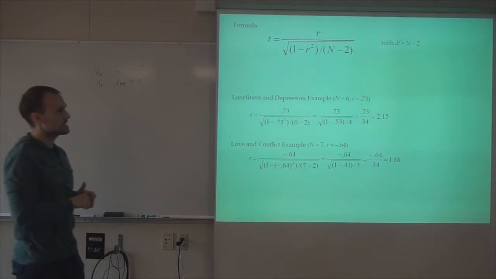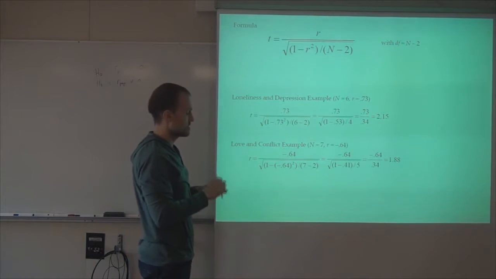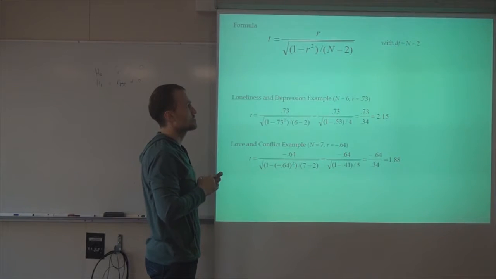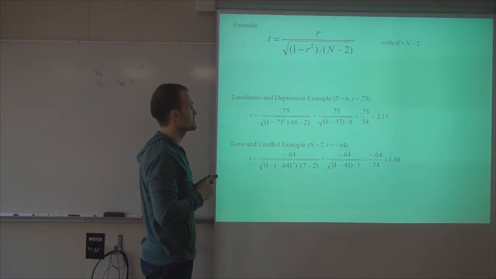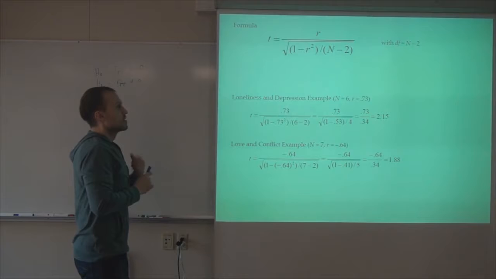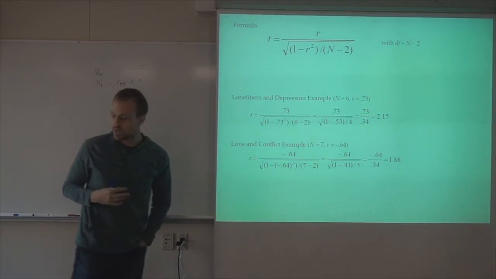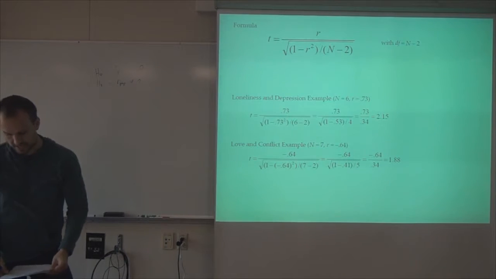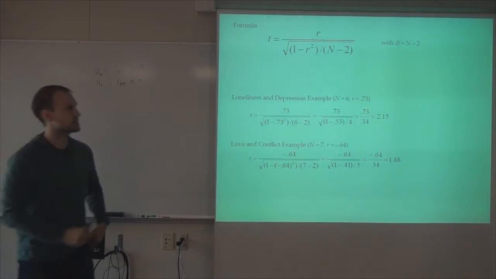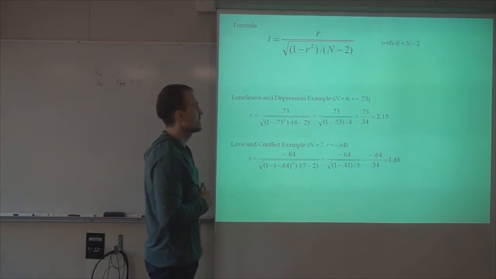I'm going to look at my t-test and decide whether or not to reject the null hypothesis, whether the evidence from my sample is strong enough to suggest that there is a correlation.